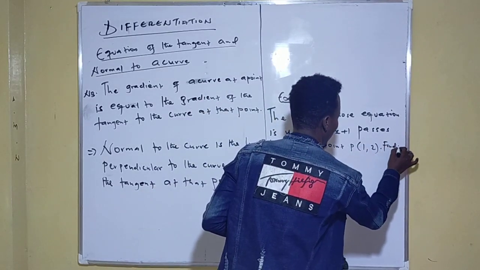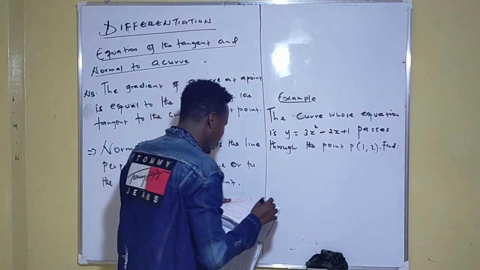Then you are told find: question A, the gradient function of the curve.